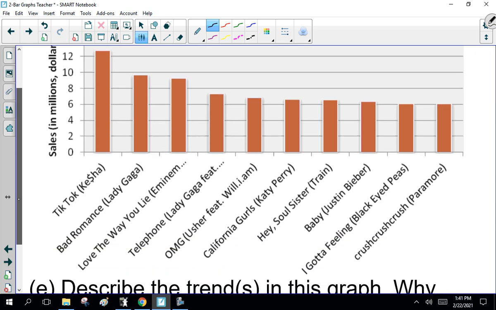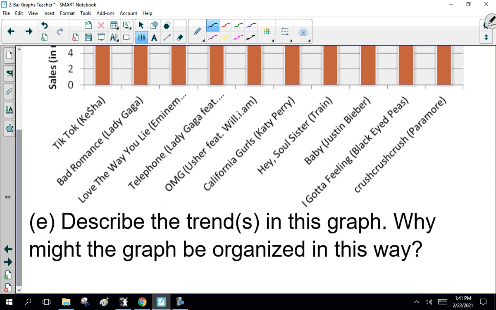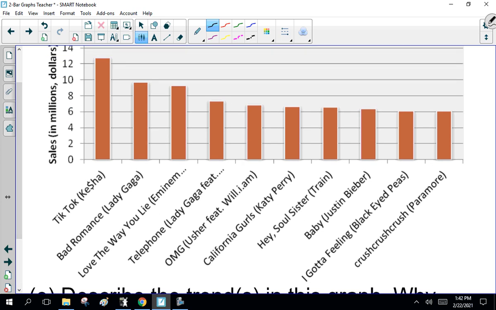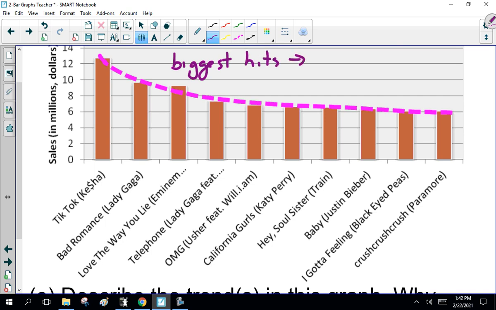Anyway, last question. Describe the trends in this graph. Well, why might the graph be organized this way? What do we got here? Biggest to smallest. The trend is biggest hits to smallest. I don't want to be rude, but 6 million, in this scale, 6 million is not a great hit. It's ironic. Anyway.